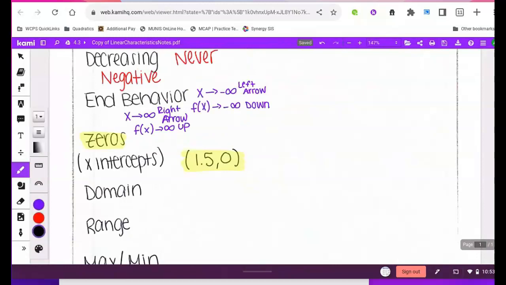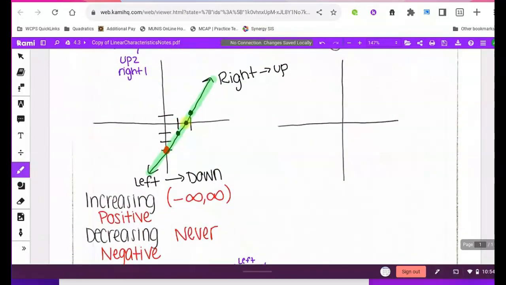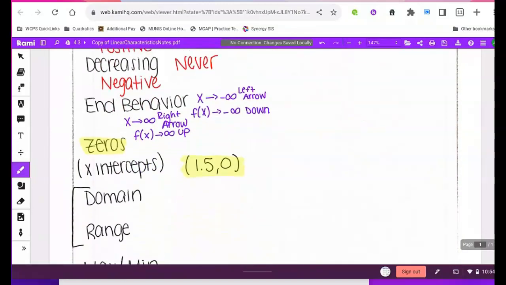We're going to skip over the domain and range for now. We have separate notes that we're going to use for domain and range. And then our max and min. Looking at this graph, the graph is always increasing, so there's not a highest number because that graph is going to go on forever. Same thing for the bottom, the graph is always going to go down forever.